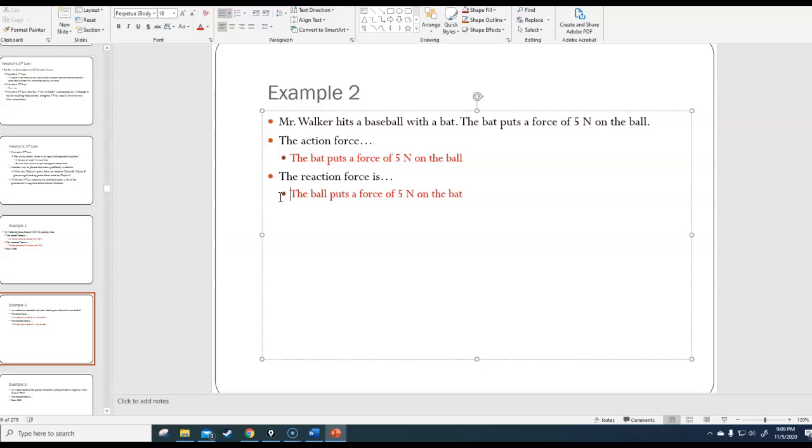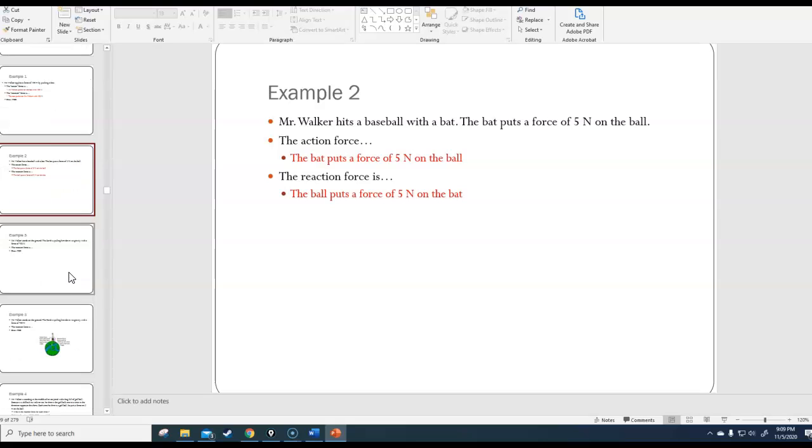If you imagine firing a gun, the gun puts a force on the bullet, and the bullet puts an equal and opposite force back on the gun. As the gun pushes the bullet one way, the bullet pushes the gun backwards, and so anyone who's ever fired a gun has experienced that recoil where the gun actually goes backwards towards your face. So you have to be careful with that. That's another simple example with the third law.